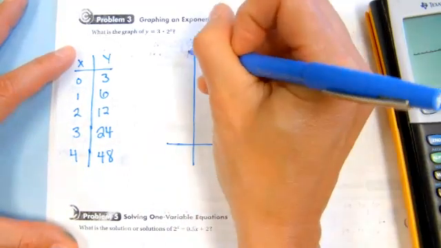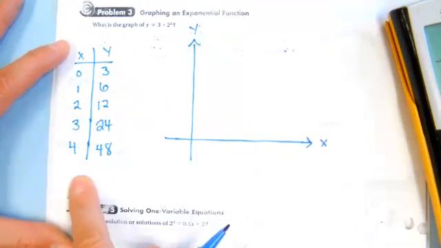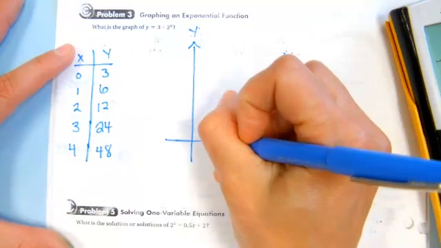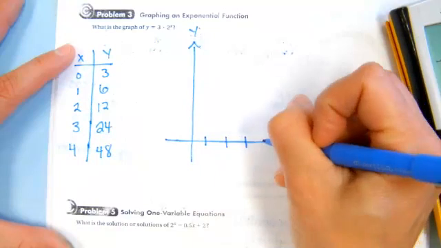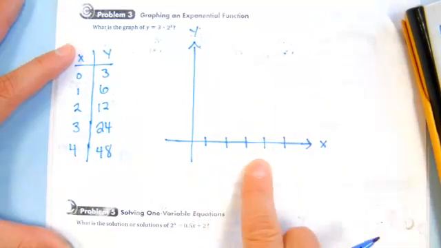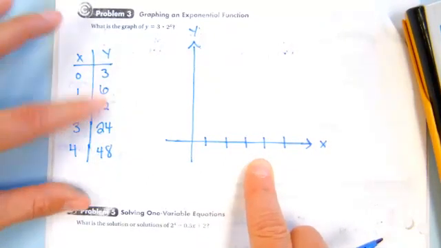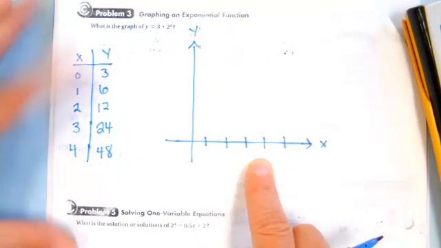If this is my x, and x is only going by 1, I'm going to make this by 1s, right? Making 4 or 5 spaces in there. What do I need my y values to probably go by for this scale?